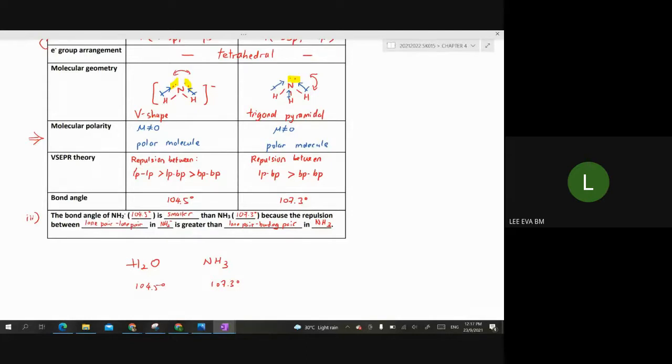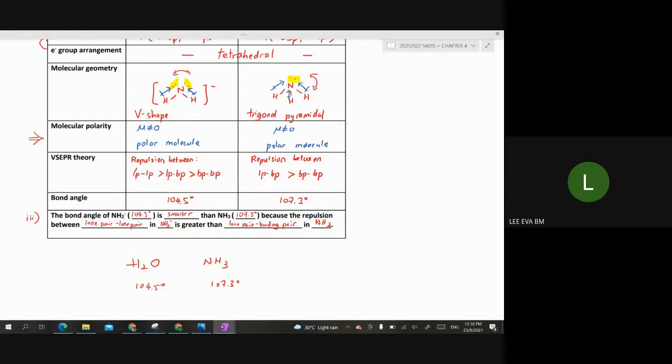Okay, back to the cameras again. Kalau untuk NH2 negatif, repulsion untuk lone pair dia besar, so bond angle dia akan squish. So awak akan nampak dia lagi kecil daripada 109.5. Compared to NH3, sebab dia hanya lone pair bonding pair repulsion, walaupun kurang daripada 109.5, tapi dia kurang sikit saja, 107.